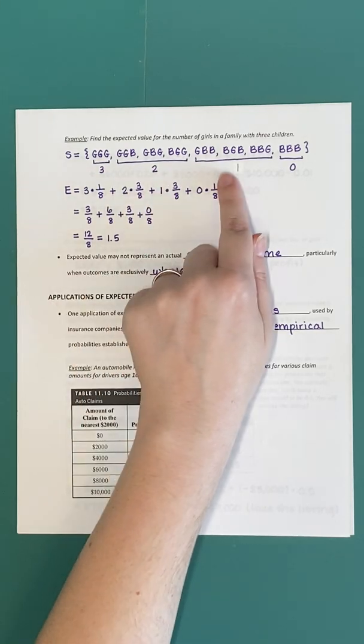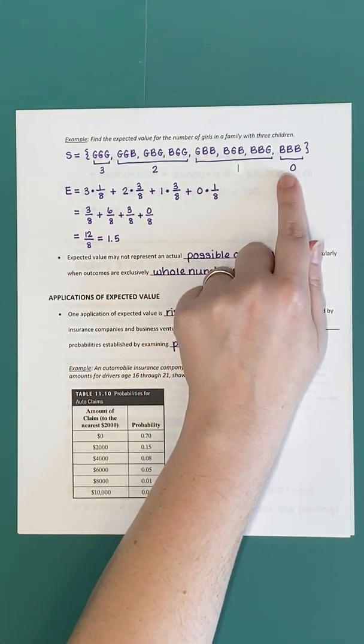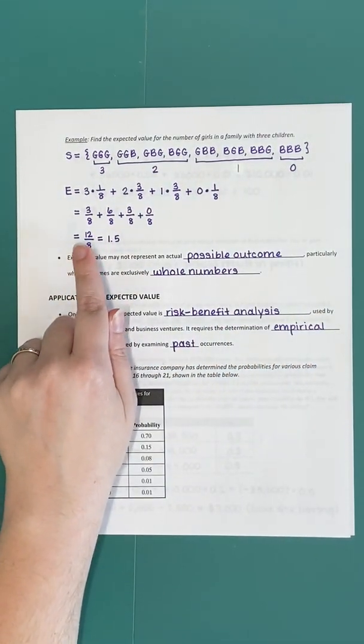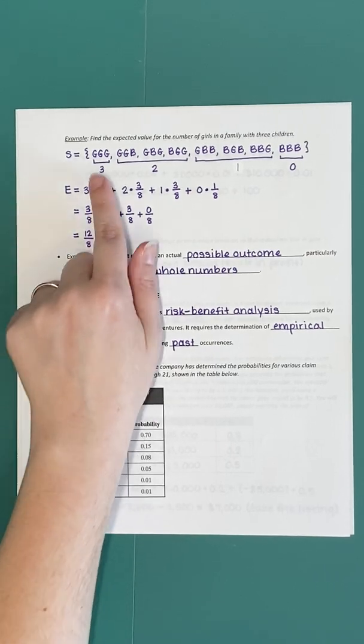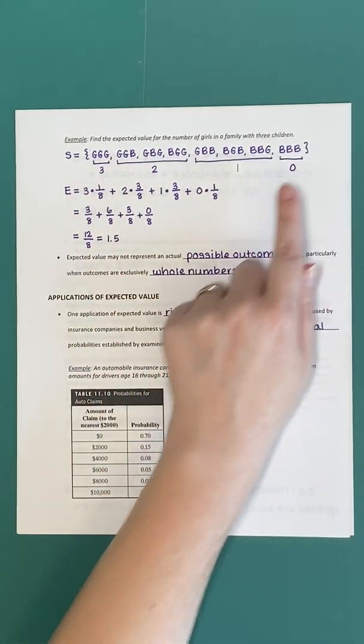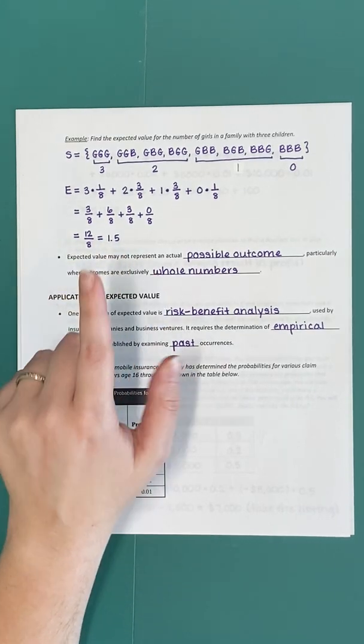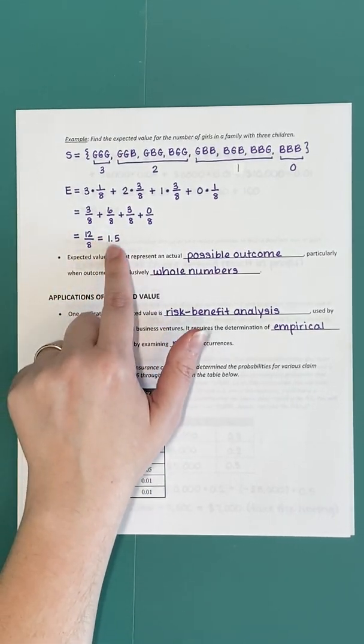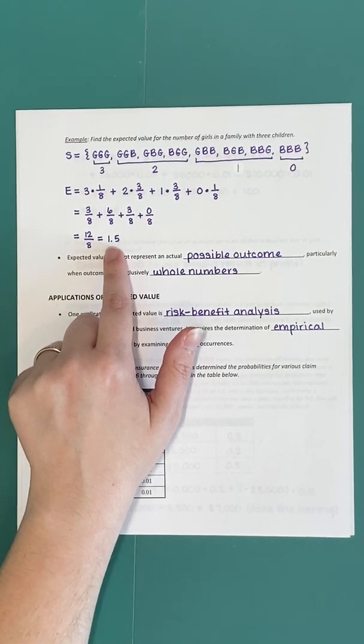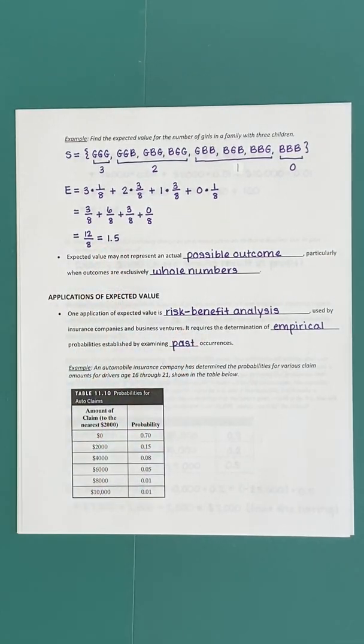If our actual outcomes are whole numbers exclusively, then once we divide, we run the risk of running into something that can't represent an actual outcome because it's a number that's going to have a decimal attached to it. But again, we're not looking at potentially a possible outcome. We're just looking at the long run average if we were to log data from a bunch of trials of our experiment and then just average out the outcomes that we get.